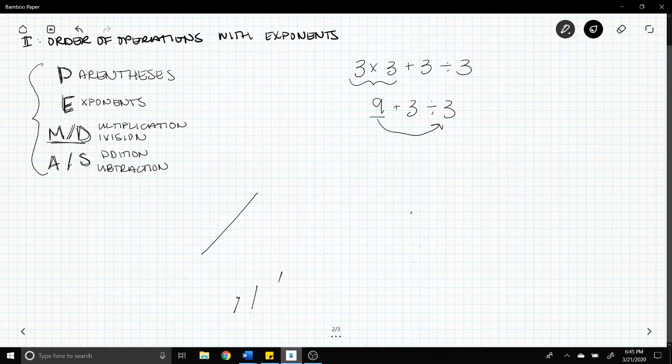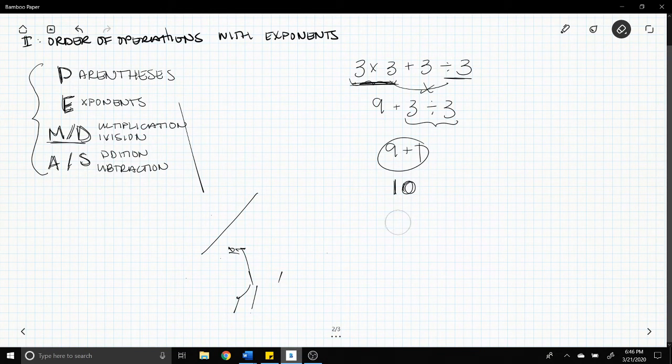They'll skip around the problem, but you still need to do things in order. That's why it's order of operations. So our next problem would be 3 divided by 3. You don't just take the answer to this and do the next part of the order. Don't do that. Rewrite the problem, write out the steps. So you do your division next, and 3 divided by 3 is 1, and then finally we'll do our addition, and we would get 10.